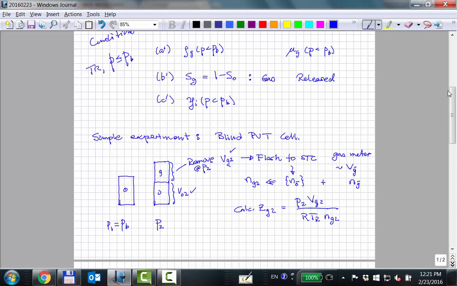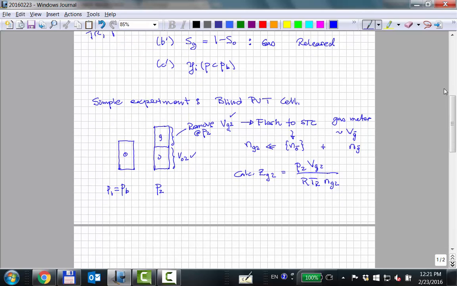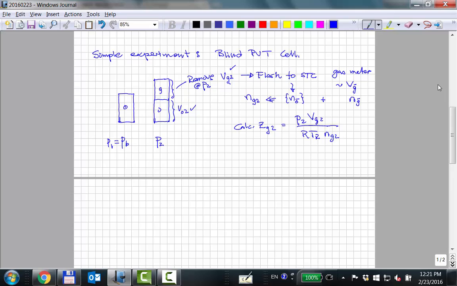Okay. Now, we went through the first stage of the differential liberation experiment, which typically is somewhere between 5 stages of depletion and maybe as many as 8. Theoretically you could have 10. Probably 8 is about the most I've ever seen, where you remove the gas each time. So we start with the system at the bubble point pressure.